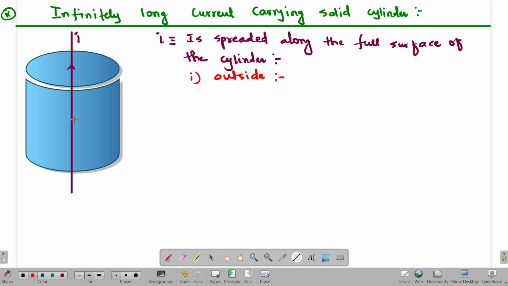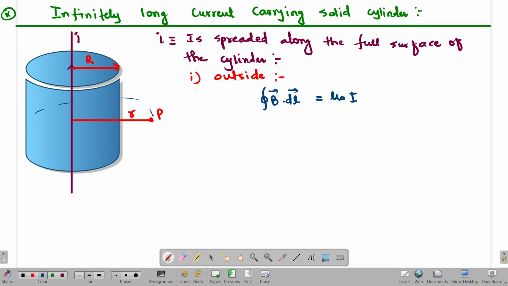Point P is at small r, and the radius of the cylinder is capital R. Then the magnetic field outside is: integral B dot dl is equal to mu naught I. Total I will be enclosed if I consider an Ampere loop over here.